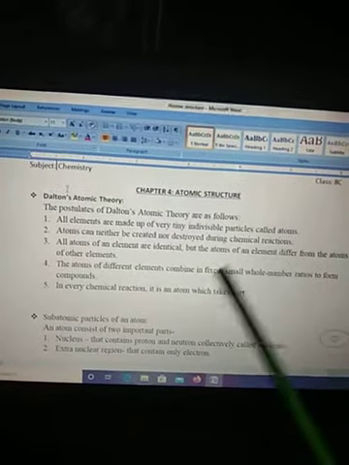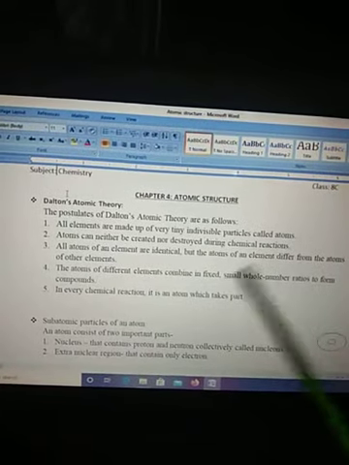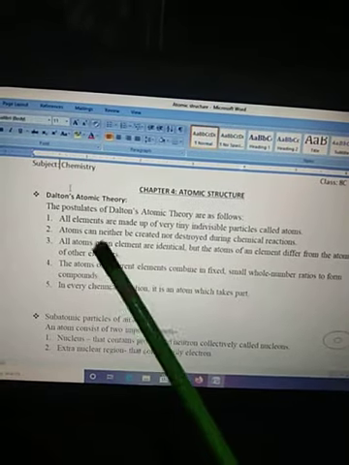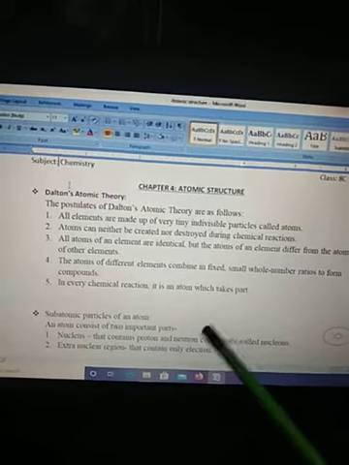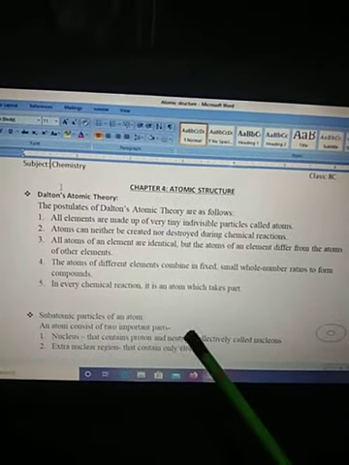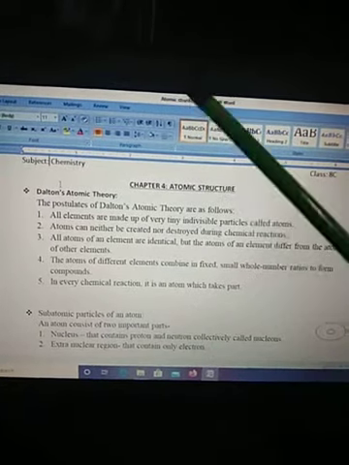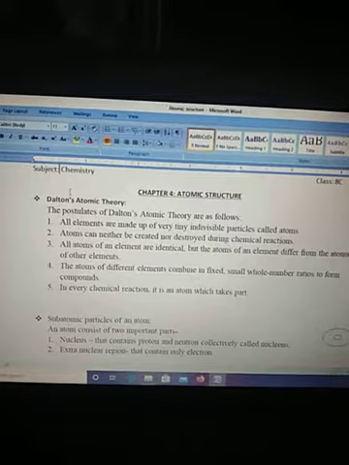So it is a small whole number ratio. And the fifth one is that in every chemical reaction, it is an atom which takes part. During any chemical reaction, it is not the molecule, it is not the compound, but it is an atom which takes part. So these are the 5 main points of Dalton's atomic theory.